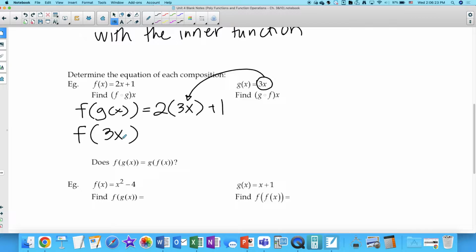Instead of f of x, we're looking at f of 3x. So we replace the x's in the original function, f of x, with 3x. Okay? Either way, you end up with the same function. And then at this point, you would simplify it. So we can simplify this to be 6x plus 1.